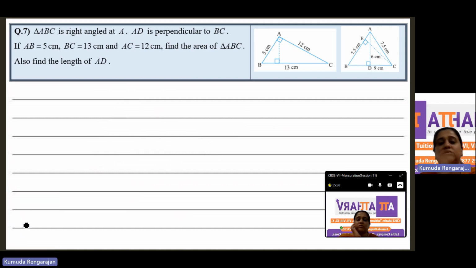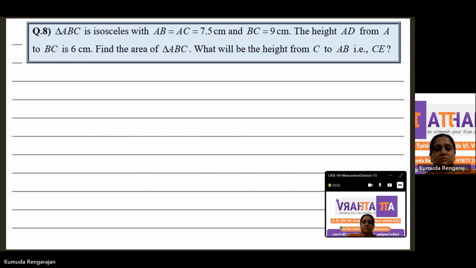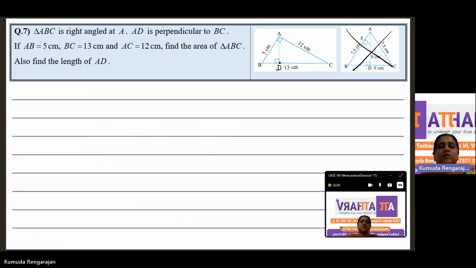I'll tell you later, don't worry. Write down. So children, you need to draw, mark this point D. So you have to draw the solution figure also. This figure is for the next one. By mistake, it's here. This figure is not for this question at all. Take down only this figure.